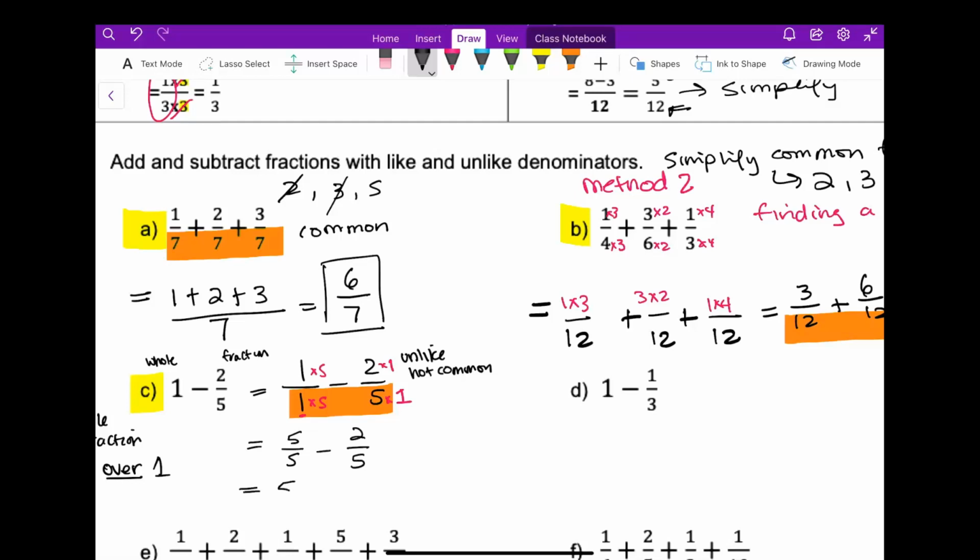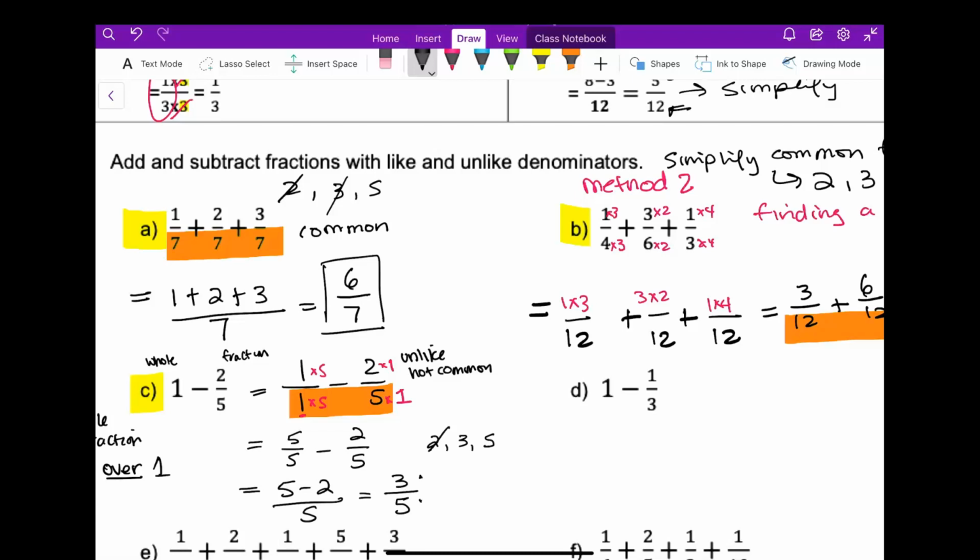Now I'm able to write them as one fraction. The denominator stays the same. You do not change it. You definitely do not say 5 minus 5 is 0 because that would make your fraction undefined. So we are ready to subtract. 5 minus 2 is 3. 3 over 5. Let's simplify. I like to use 2, 3, 5. To check 2, are they both even?